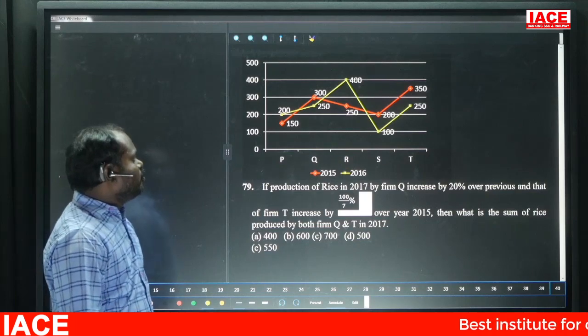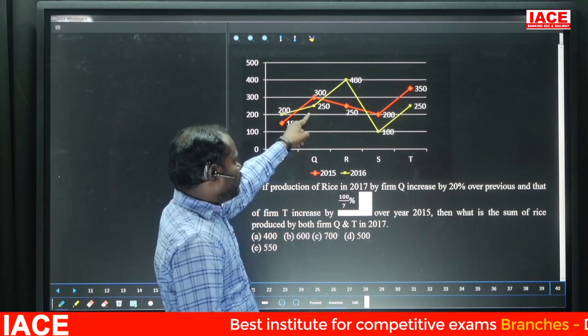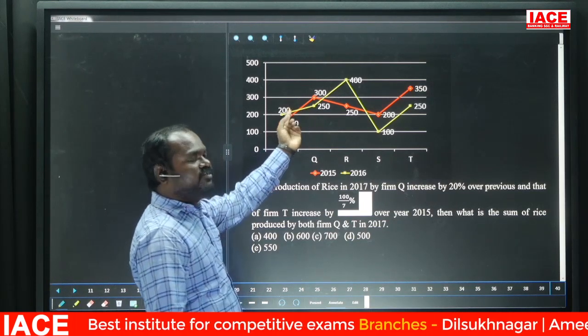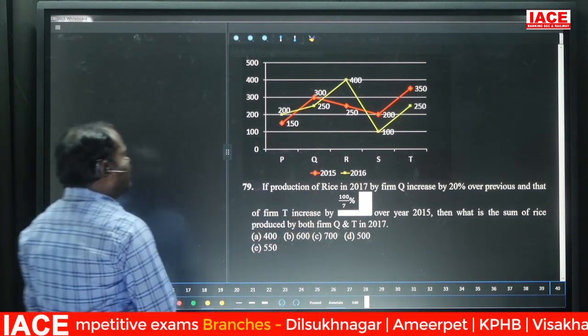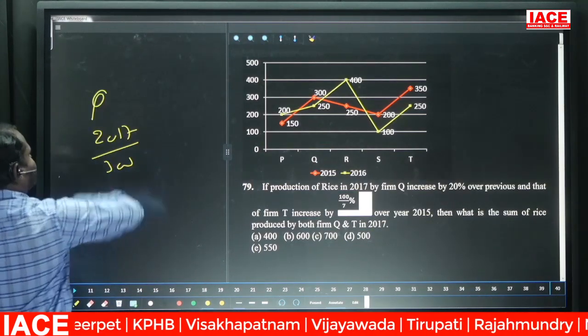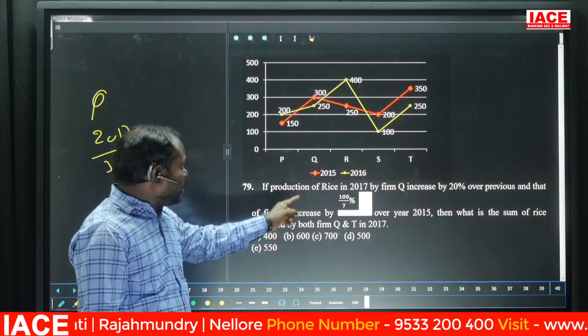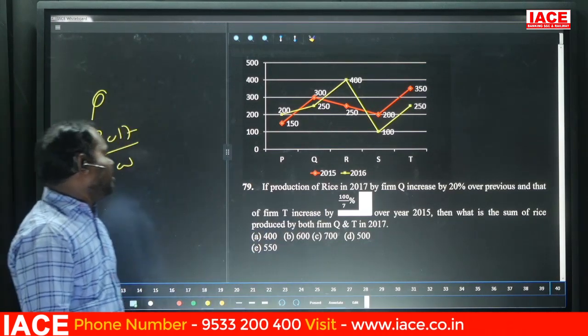Q 2016 value is 250, and a 20% increase means extra 50, 250 plus 50, 300. So 2017 value regarding Q is 300. Next, firm T is increasing by 100 by 7% over 2015, that is 1/7.